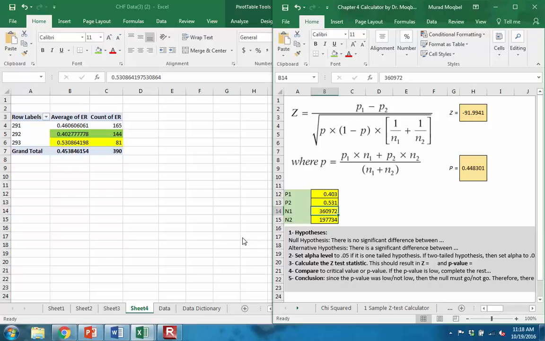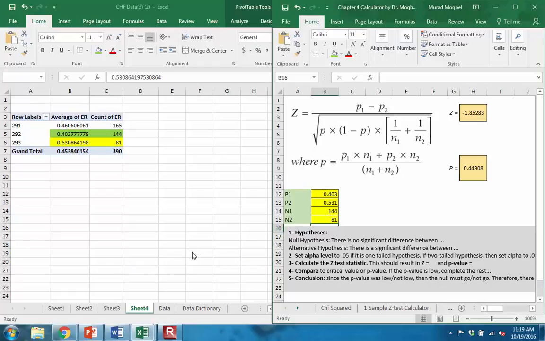And then for n, sample size for sample 1, it is 144, right? And then the sample size for n2 is 81. Now this is what I got, 1.85.